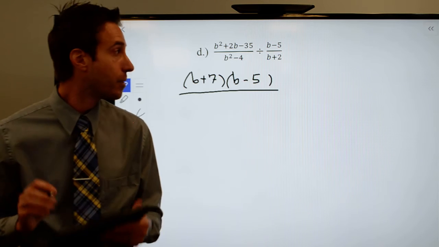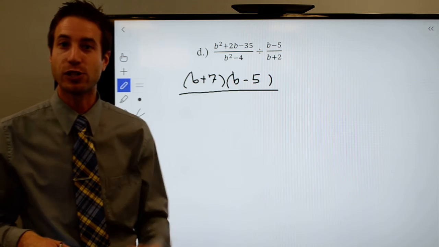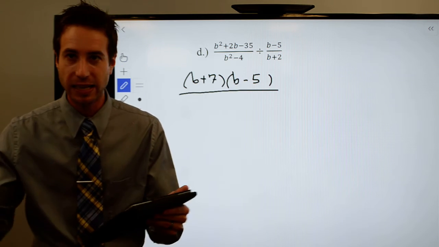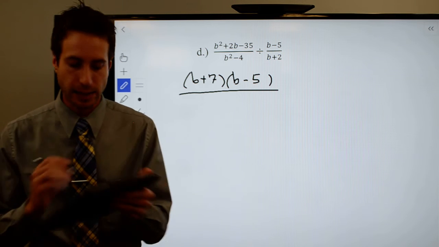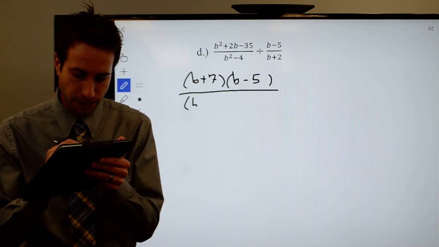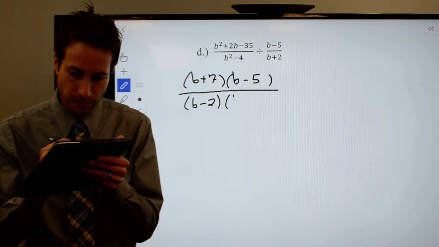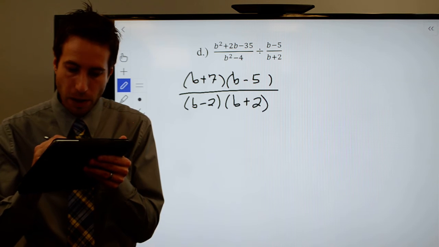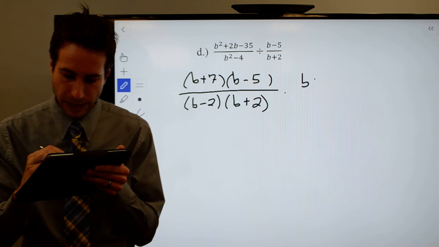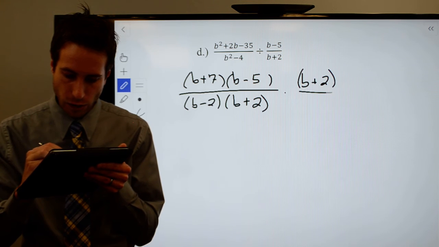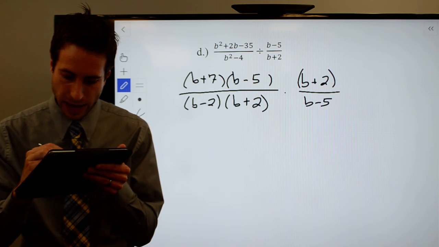In the bottom, whoo, look at that, b squared minus 4. You should immediately recognize these guys now. We've done them many, many times here in this set of notes. It's a difference of squares. Multiply that by the reciprocal of the second guy, so b plus 2 over b minus 5.